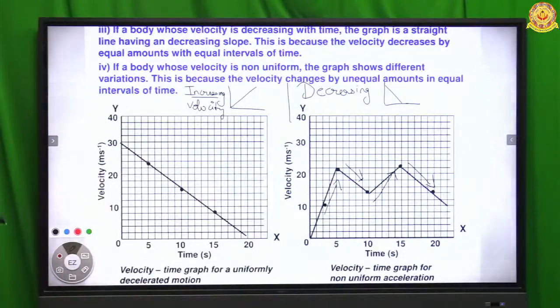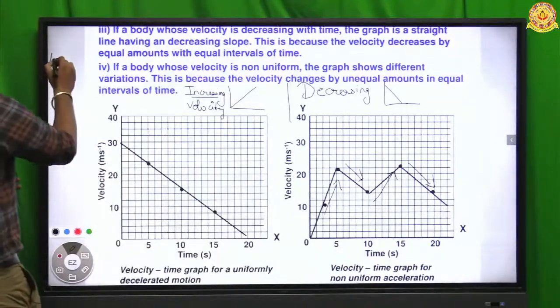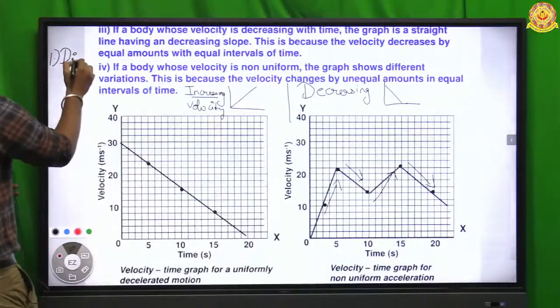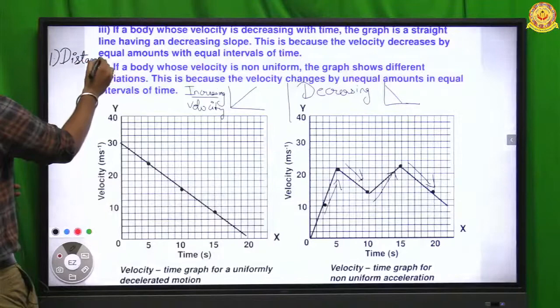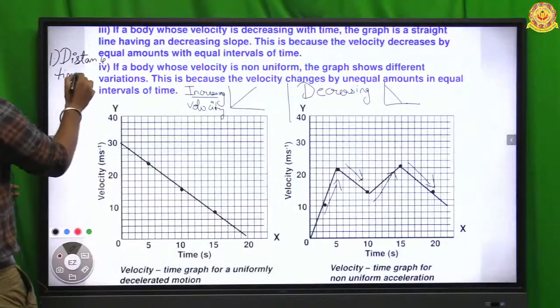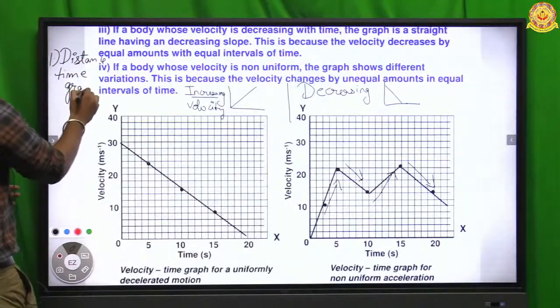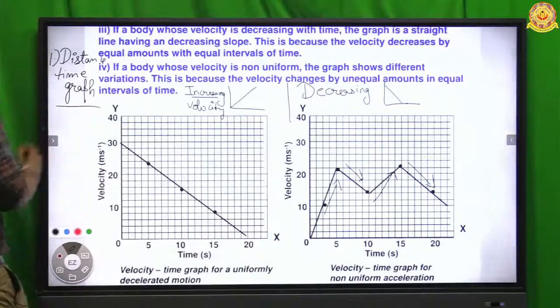Okay, so I think you have understood what the graphs mean and how we can depict them in a velocity time graph, because today we have learned two graphs. First is the distance time graph. In this distance time graph, we can easily find out the speed.